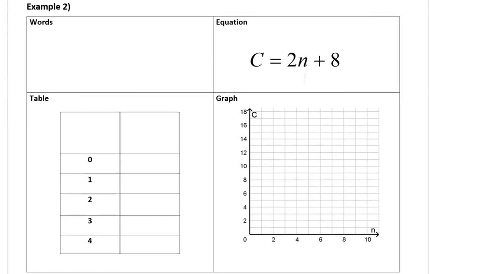So for one like this, you have to come up with your own words. Now that's something we haven't really done yet, but just be creative, make it whatever you want. C can be cost, N can be number of something, but it doesn't have to work that way. It can be whatever you want, right? Use the examples that we've seen. We've seen a lot of examples already. Use ones that we've seen to inspire you, to give you an idea if you're stuck.